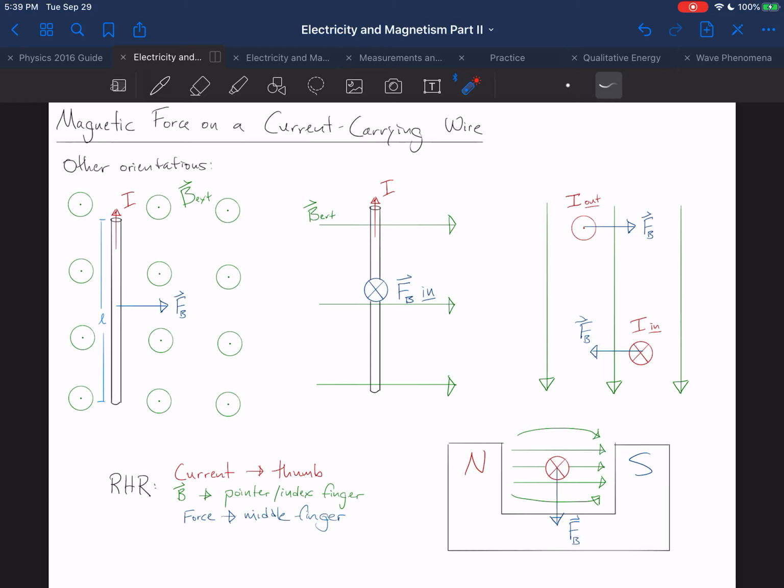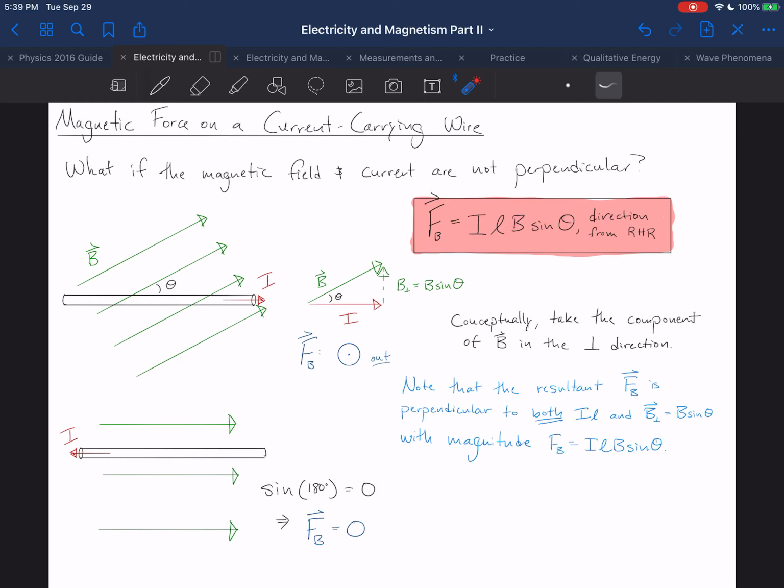Finally, we can ask one more question: what if the magnetic field and the current are not perfectly perpendicular, which does happen in real life? How do we figure out what direction the force should be? If our force is given by this expression, the right-hand rule assumes that these three things are perpendicular.